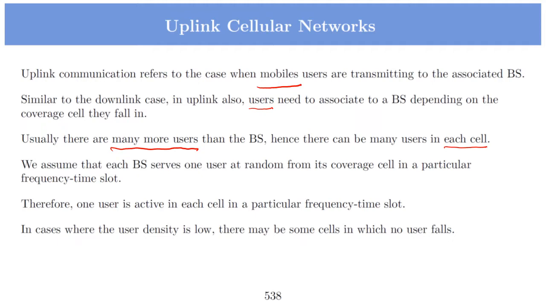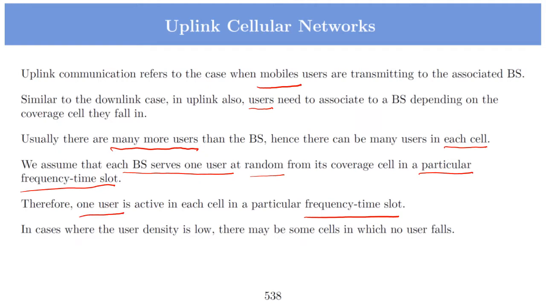Okay, so we can also have OFDMA here, where each base station serves one user at random from a cell in a particular time frequency slot, and this frequency slot can be different for each user. So eventually what happens in a particular time frequency slot is that there is only one user which is active for each cell.